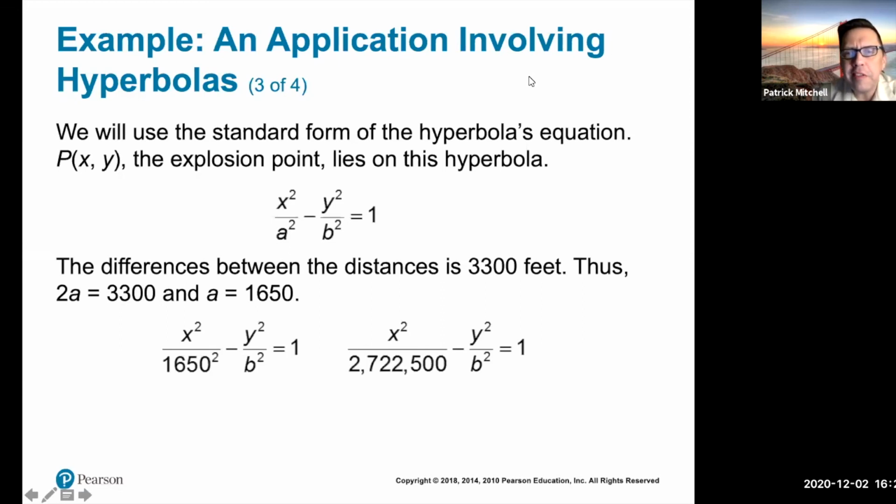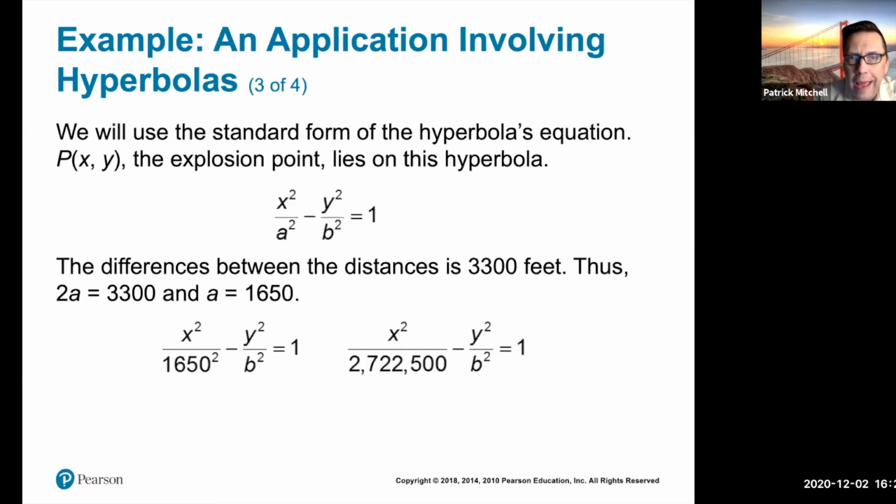Okay, so we'll use the standard form of the hyperbola's equation, and the point (x, y), which we'll call the explosion point, lies on this hyperbola. So that hyperbola has equation x squared over a squared minus y squared over b squared equals 1. The difference between the distances is 3,300 feet.